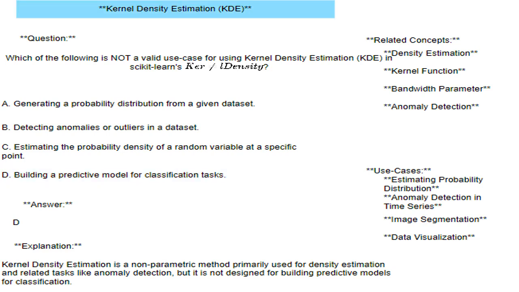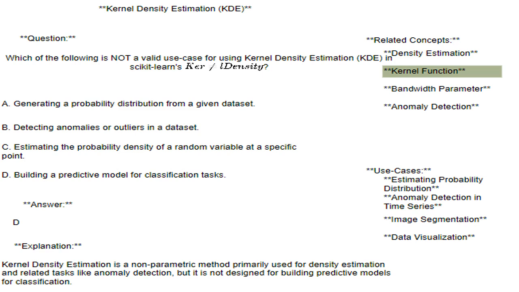Density estimation: density estimation aims to approximate the underlying probability distribution of a dataset, providing insights into the data's characteristics and patterns. Kernel function: a kernel function, such as the Gaussian kernel, is used in KDE to define the shape and smoothness of the estimated density.